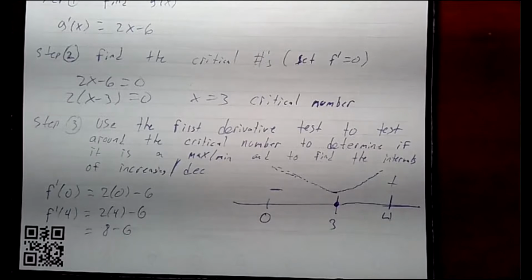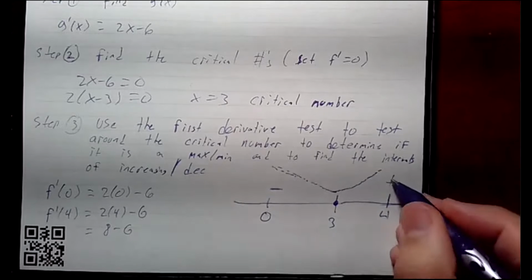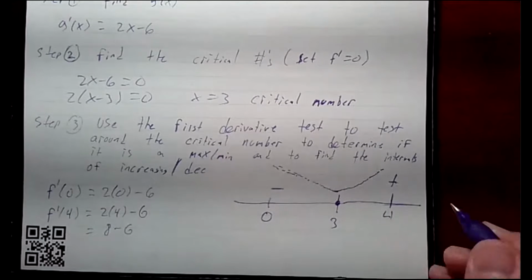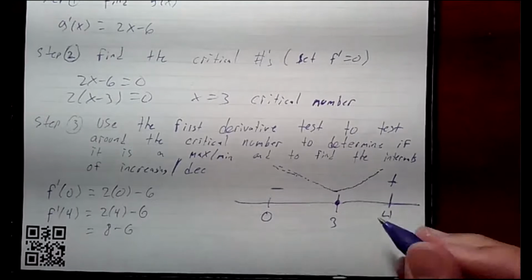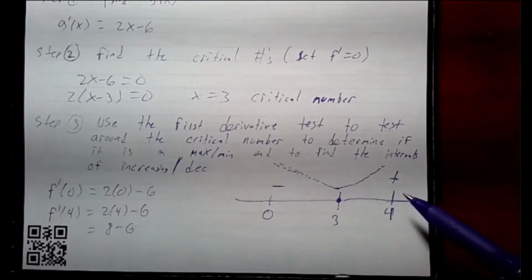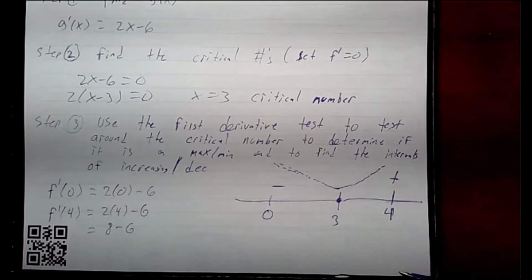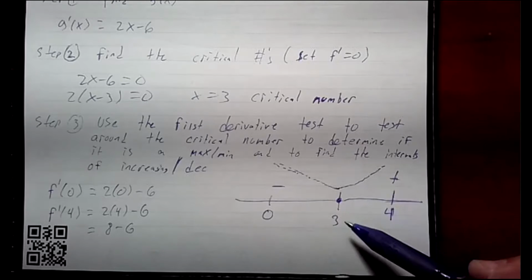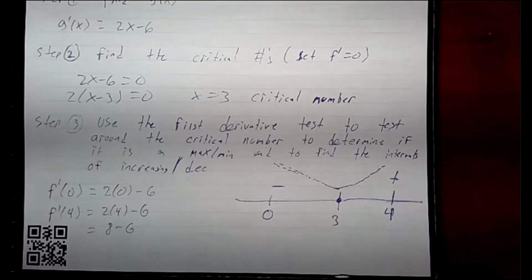I guess because I heard you say before we plugged in the 4, you said that it decreases all the way till it gets to 3, and then we don't know what's going to happen after that. But if it's a peak, doesn't it automatically go up? Well, we got to test. We don't know if it goes up or not. I mean, we knew because we looked at the graph, right? But we're assuming we don't have a graph right now.